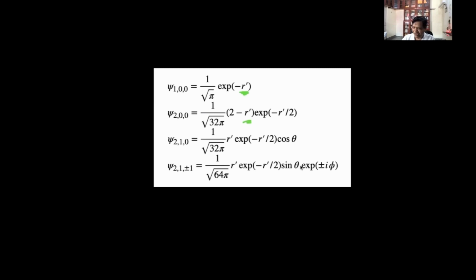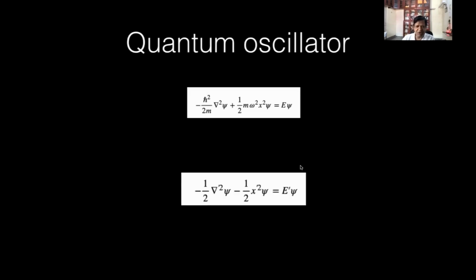There are many examples. Okay, I mean, one more example is quantum oscillator. So this is a quantum oscillator. So again, h bar comes, mass, omega, x. So it has also quite a few parameters. h bar, m, omega. So we can non-dimensionalize using length scale, which comes from here. If you just work for this one, so square root h bar by m omega is the length scale.